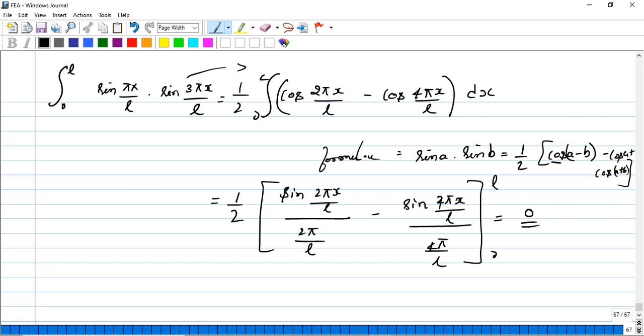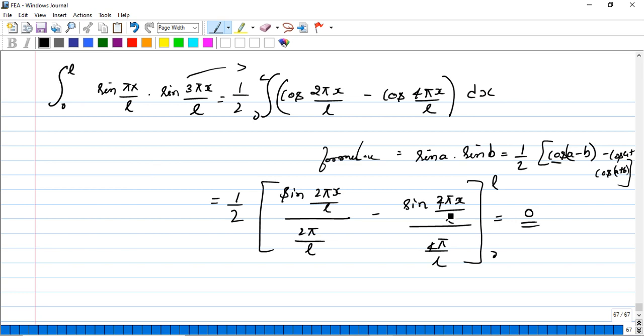So I found the value of integration of sine square pi x by L as L by 2. Similarly, the integration of sine square 3 pi x by L is again L by 2, and finally the multiplied term, sine pi x by L into sine 3 pi x by L, I found as 0.